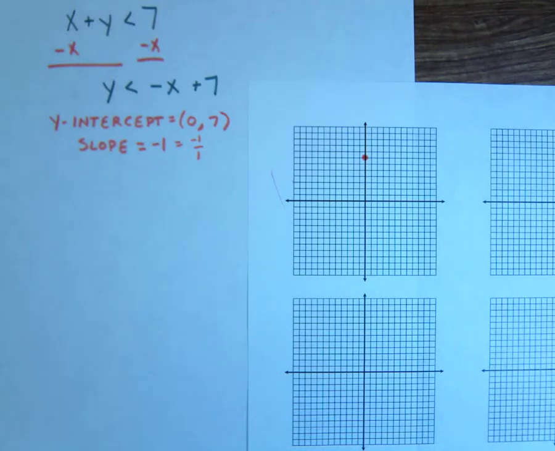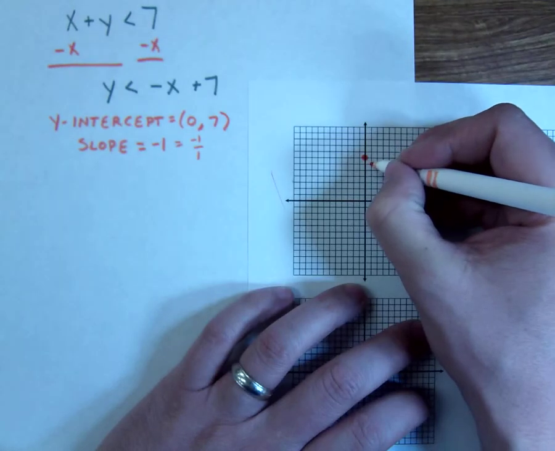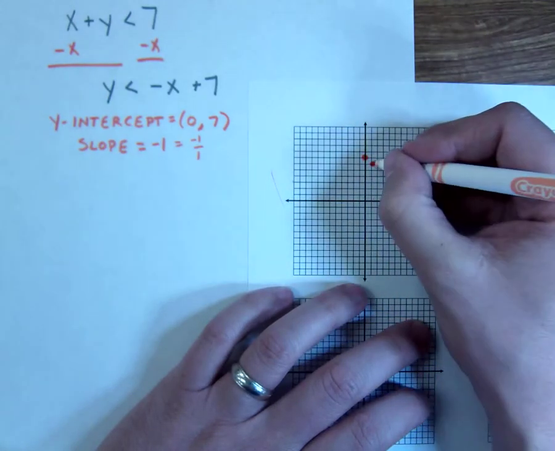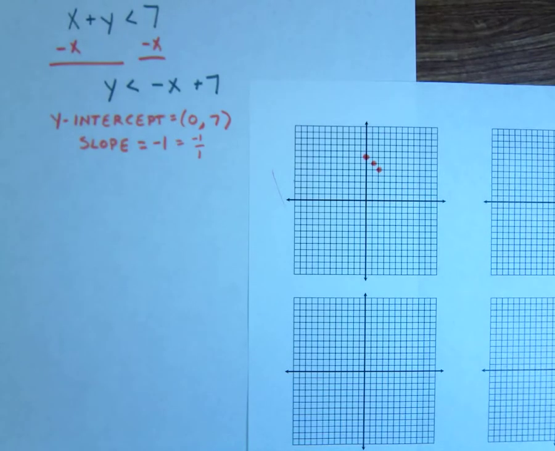All the inequalities that we're going to graph tonight are going to be linear, so in order to graph a linear equation or a linear inequality, I need 2 points. I'm going to use the slope to get the second one. The slope is -1/1, so from this y-intercept, down 1 and over 1, there's my second dot. If you really want to be a go-getter, you go down 1 and over 1 again and put another dot for a total of 3. Not really necessary.